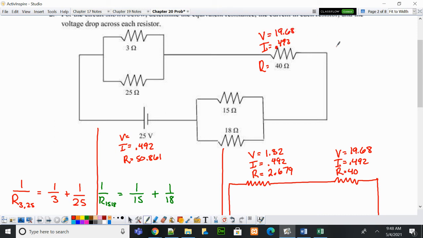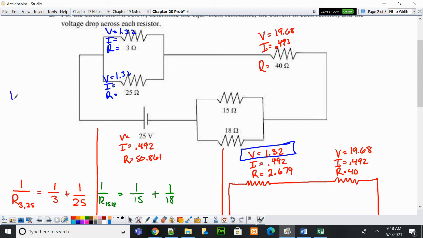All right, now the ones that don't look exactly the same, I'm going to say, okay, well, those were in parallel. What stays the same in parallel? Voltage stays the same in parallel. So we know the resistance that's given to us. Now I'm going to write the voltage is 1.32 at each of these. And then use Ohm's law to solve for the current.